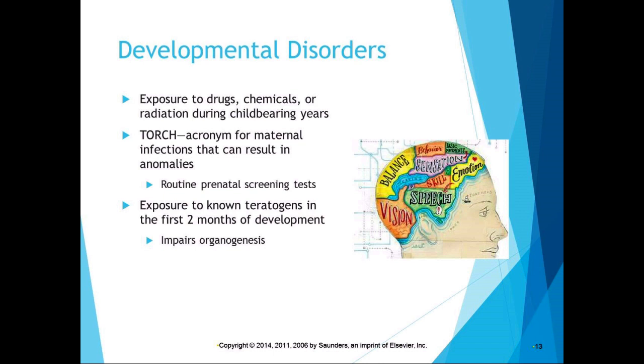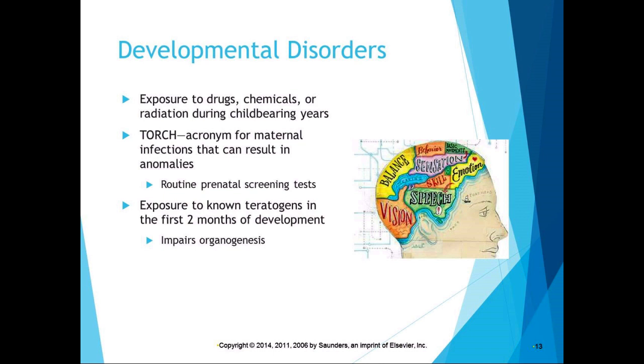So developmental disorders can be caused by maternal exposure to drugs, chemicals, or radiation during childbearing years. TORCH is an acronym for maternal infections that can result in anomalies, and there are routine prenatal screening tests for these types of infections.